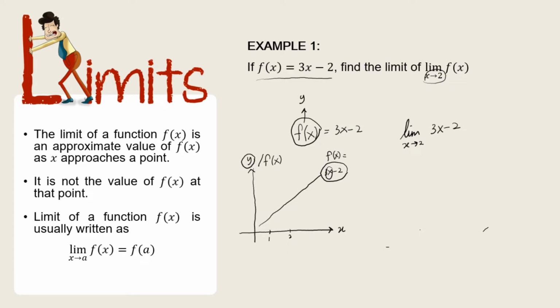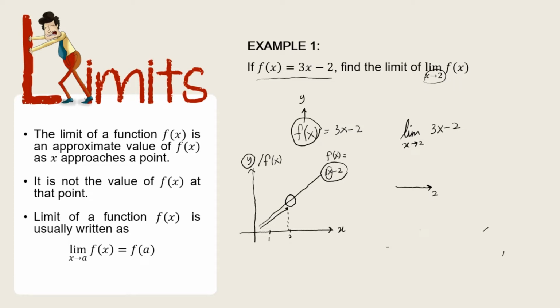So when the value of x approaches 2, we want to find what is the value of the function f(x). But it is not the exact value at x equal to 2. We just find the approaching value, the closing value when x equal to 2. When x goes close to 2, what is the value of your function f(x) here?